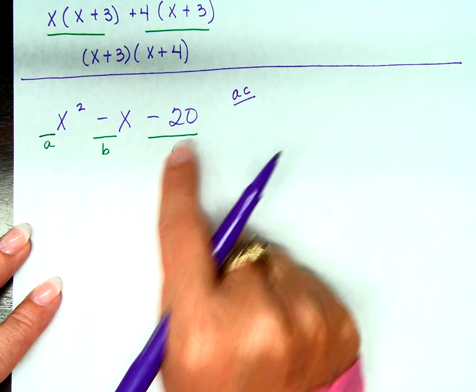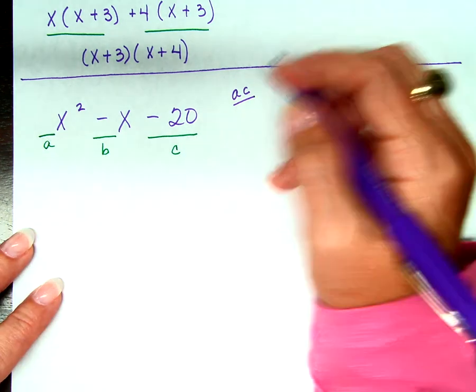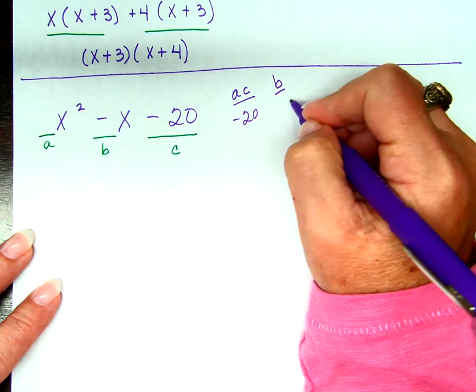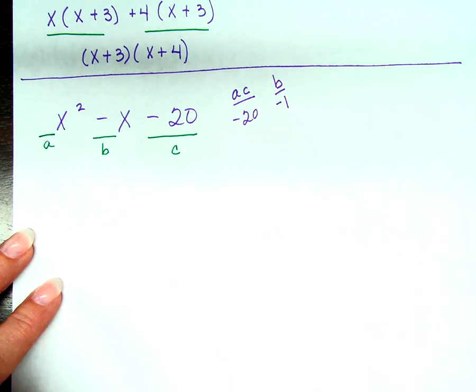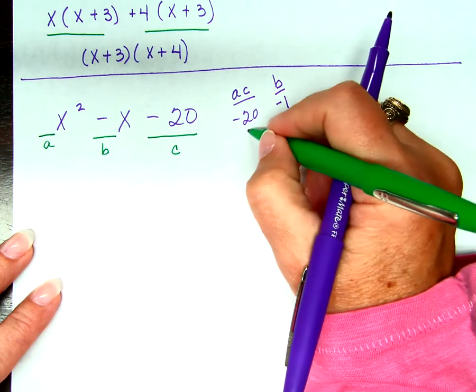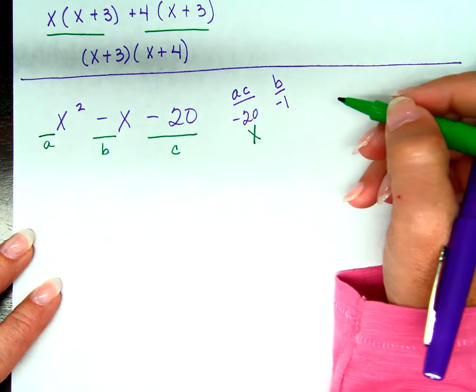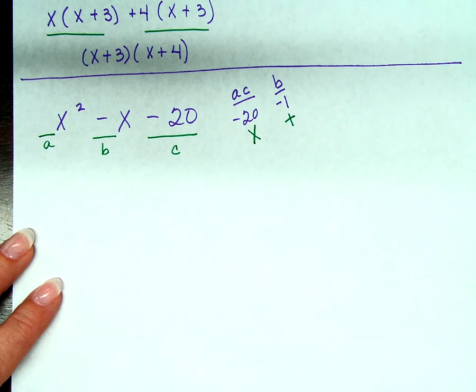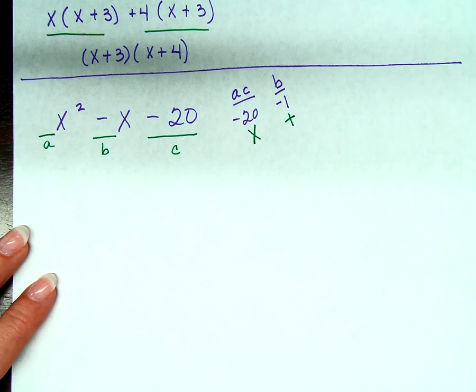That was correct. So what is 1 times negative 20? Negative 20. And what is B? Negative 1, right? So what two numbers multiply to be negative 20 and add to be negative 1? What you got?